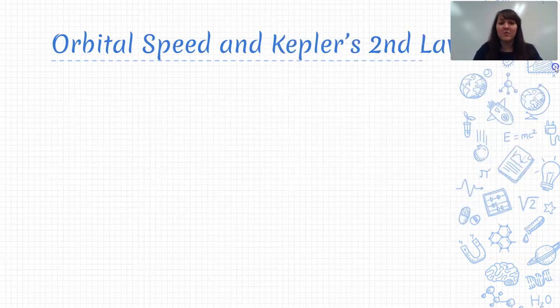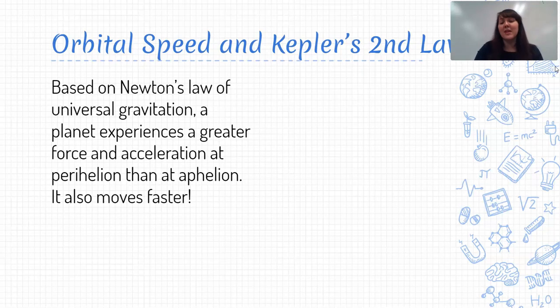So as planets get closer to their primary body, they're going to experience a greater gravitational force, which means they're going to experience a greater gravitational acceleration, and also means that they're going to be moving faster through space at perihelion compared to at aphelion.